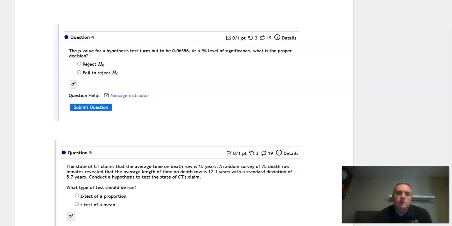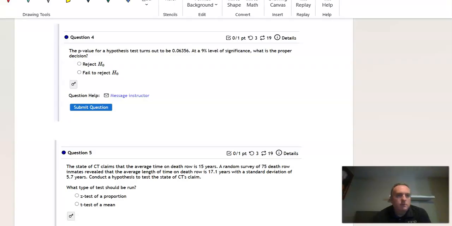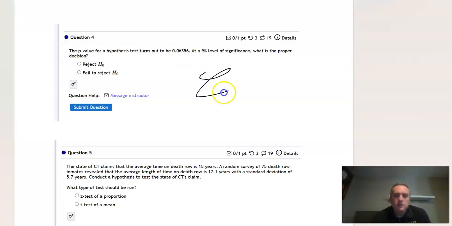The p-value for a hypothesis test turns out to be 0.06356 at a 9% significance level. What is the proper decision? So let me get my drawer going here. All right, so what is a p-value?